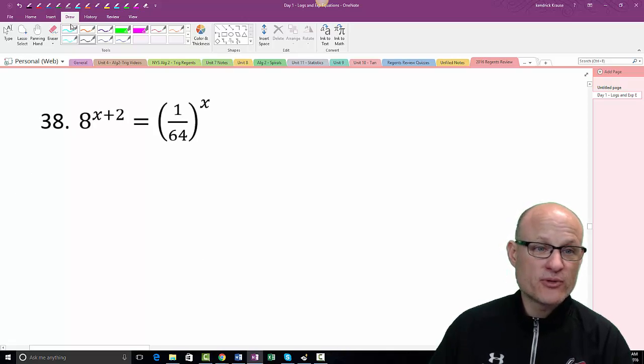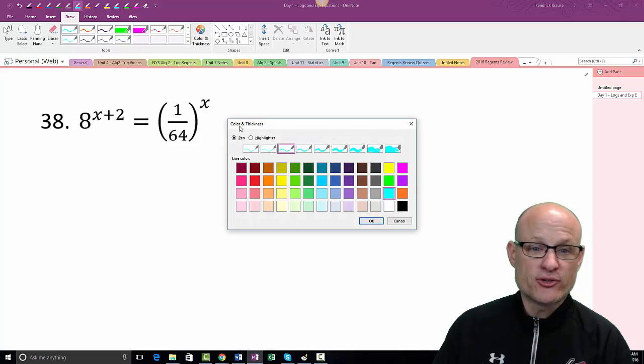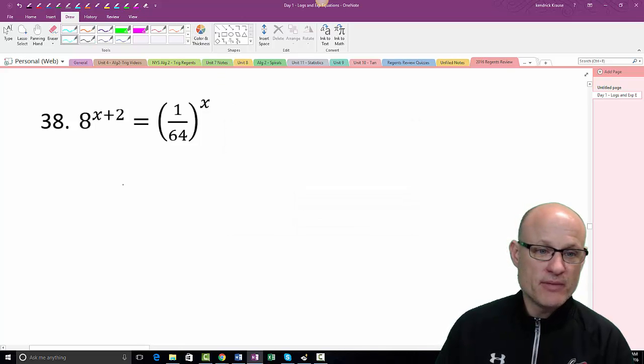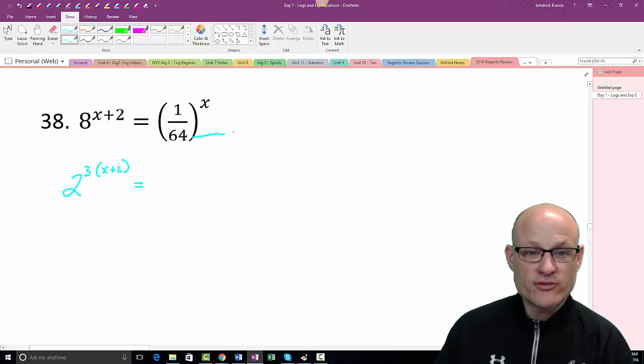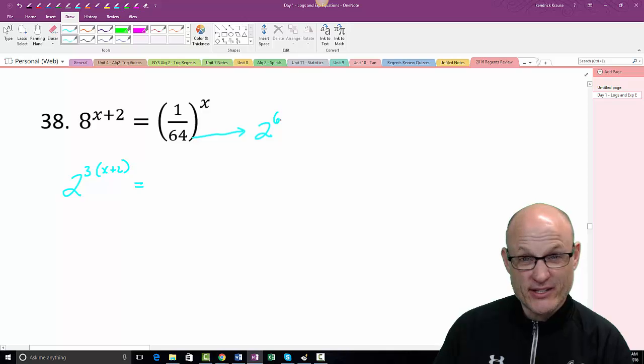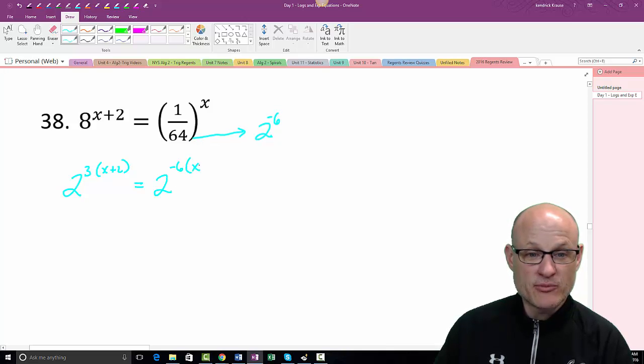So this one I can make into a 2 because it's an 8. So I'm going to make this 2 cubed, (x plus 2), is equal to, now 64 is 2 to the 6th. But because it's a fraction, I'm going to make it negative 6. So this is really 2 to the negative 6 times x.